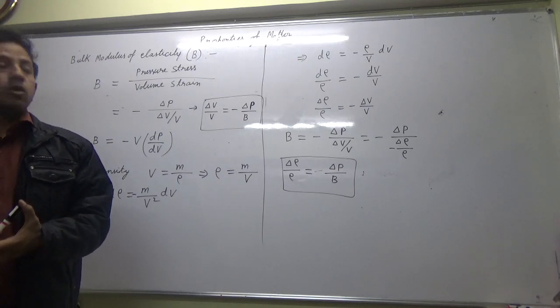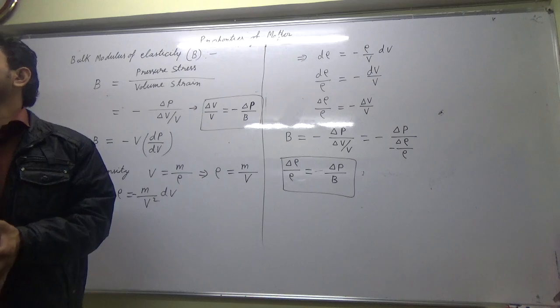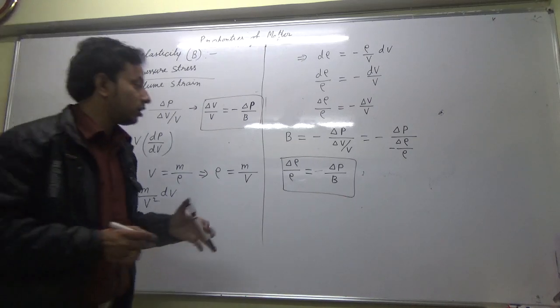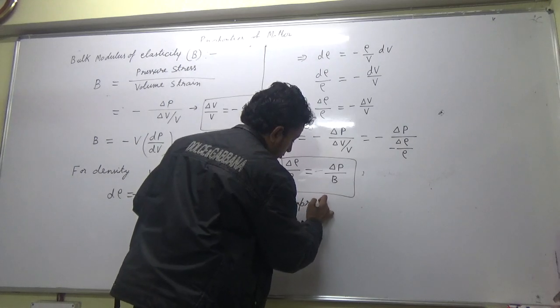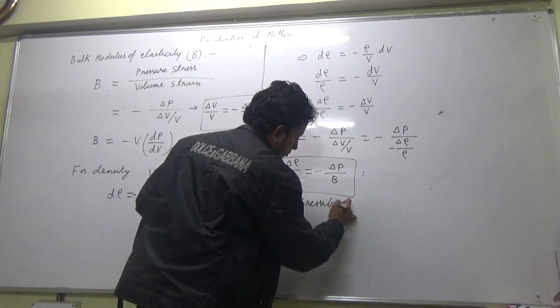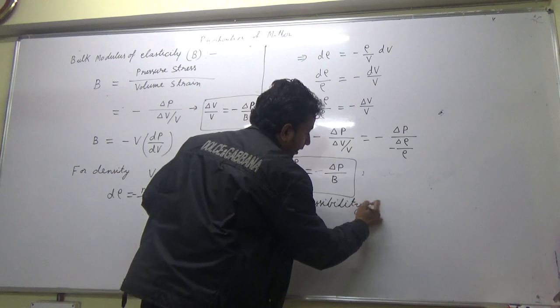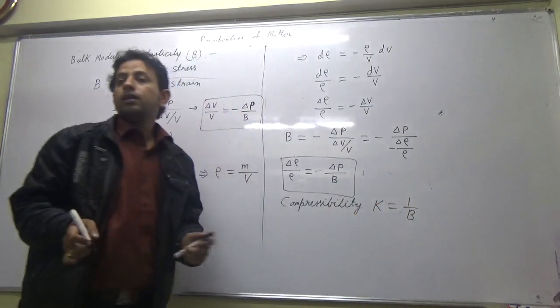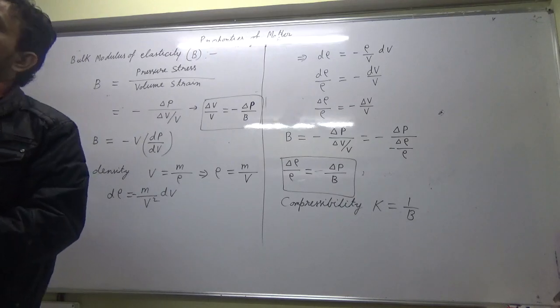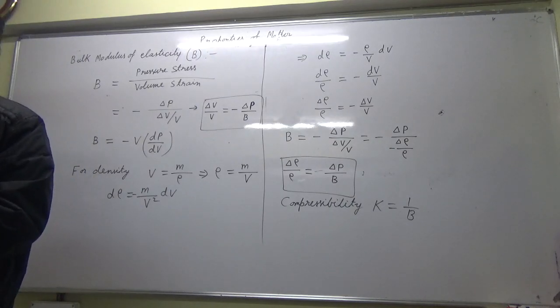ठीक है? Okay, one more term we define here, compressibility. उसको भी लिख लो, compressibility. This is defined as 1 by bulk modulus. The higher bulk modulus we have for a material, the less compressible it is.